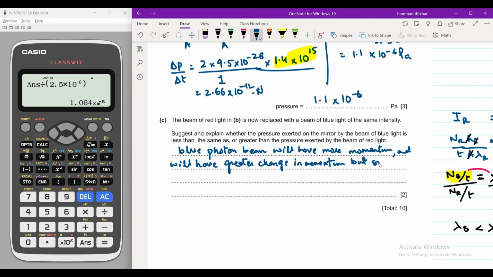but since the number of photons will be lesser, the force exerted will be the same.